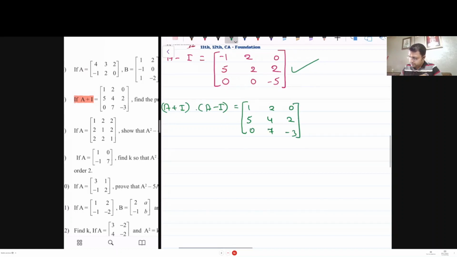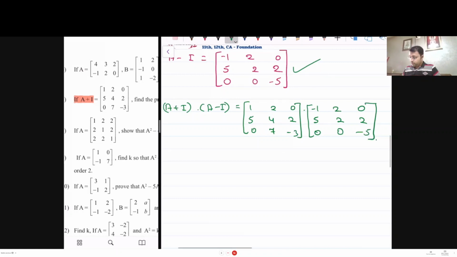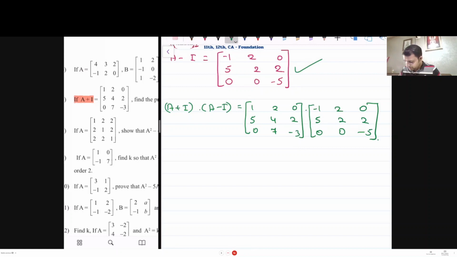And A minus I, we have it just above over here. Minus 1, 2, 0, 5, 2, 2, 0, 7, minus 5. Come on, everybody, quickly multiply it and tell me what is the answer for this.